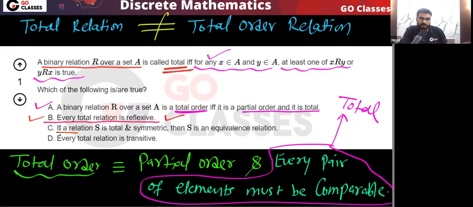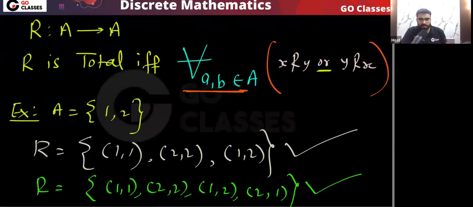What about option C? If relation is total and symmetric, then it is an equivalence relation. Can I say that? Option C is saying that total and symmetric implies equivalence relation.